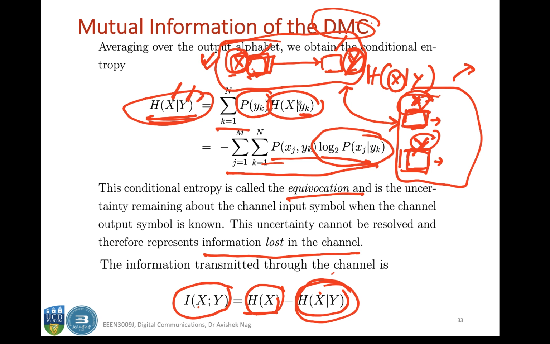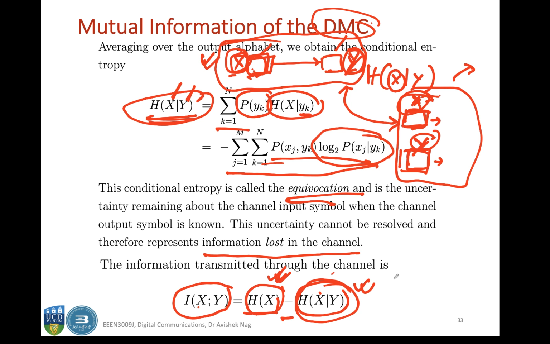So x is emitting some information and you are observing y and trying to find out that information. The mutual information between x and y is basically whatever information x is originally emitting, which is represented by the entropy of x, minus the conditional entropy, which is also called the equivocation, and this is the uncertainty which is lost in the channel.